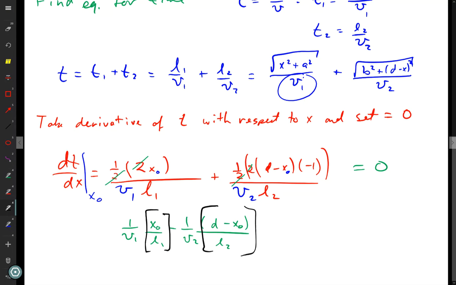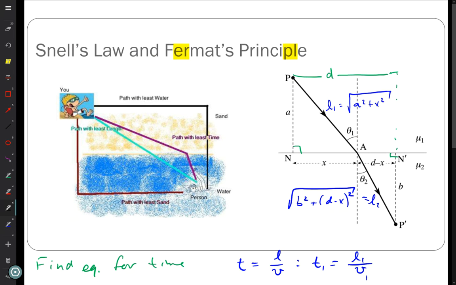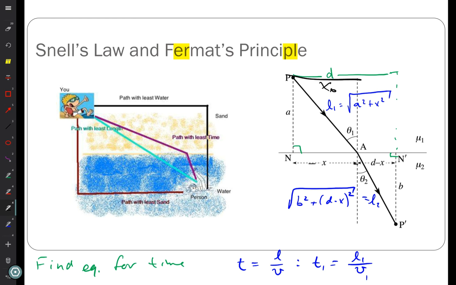x0 over L1. Going back to my initial picture, what is x being this distance, divided by L1? Or to make it more obvious, this distance here is x0. What is x0 over L1? It's the opposite over hypotenuse, which is sine of theta 1.